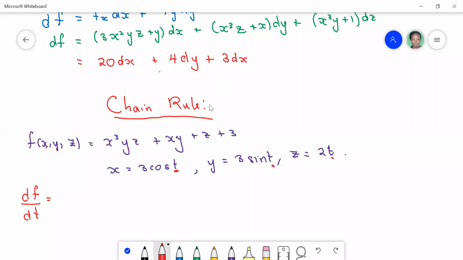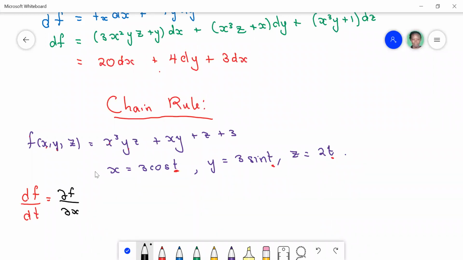One of the ways to look at it is using the chain rule, because our function is a function of another function as well. So the chain rule is the best we can use. What you do is find the partial derivative of f with respect to x.